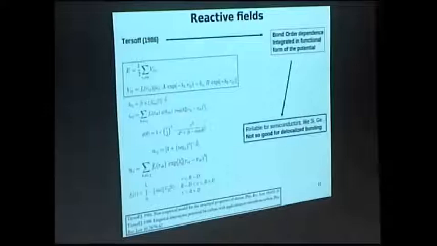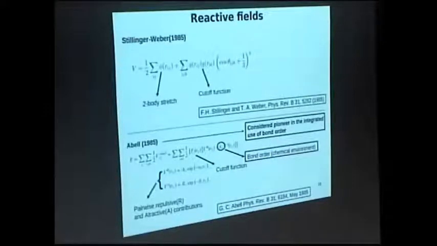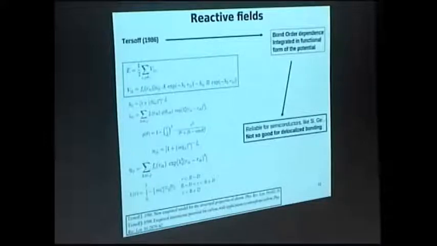Then here, the idea you see, it's quite similar to the idea of Abell. But Tersoff worked a little bit harder to define this bond order in an empirical sense that worked well with the experiments. And it's amazing how well it works for many situations in silicon, germanium, carbon, and it could be extended, but typically we use just a few elements with this potential, okay?